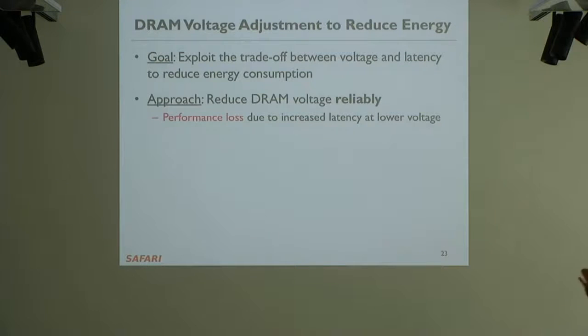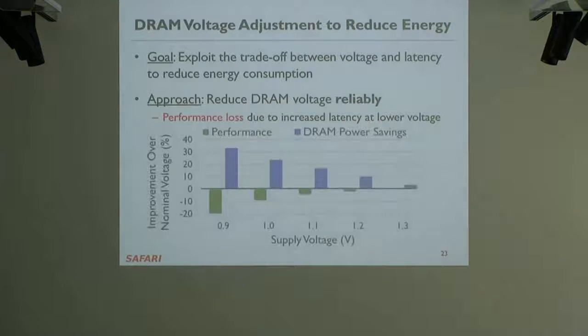We basically said we want to reduce DRAM voltage reliably without any errors, but we're going to increase the latency at lower voltages, so we'll get some performance loss necessarily, right? And let's take a look at that performance loss. This is the supply voltage on the x-axis, and this is the DRAM power savings that you get, and this is the performance loss that you get. This is, of course, modeled.